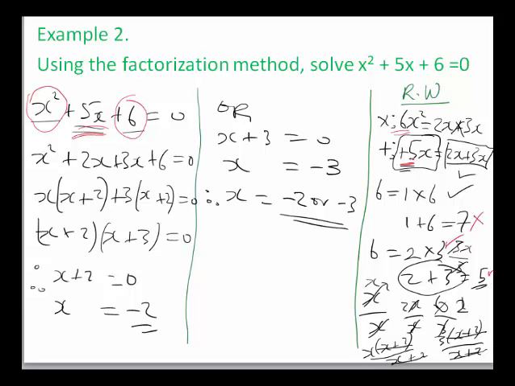So instead of writing 5x, we now break it up into 2x plus 3x. Then this now becomes 2x times 3x. Then quickly we need to check. 2 times 3 is 6. Then x times x is x squared. So this is fine.